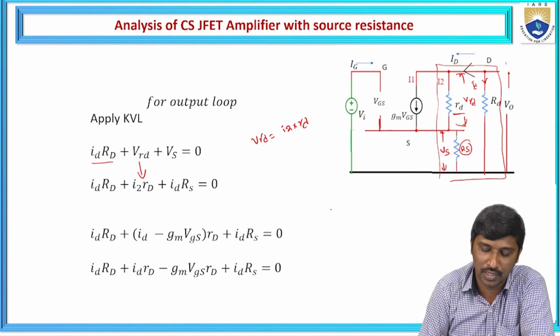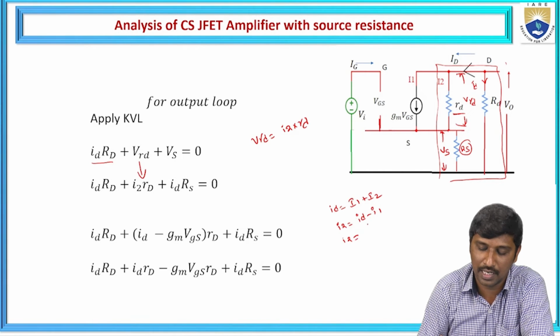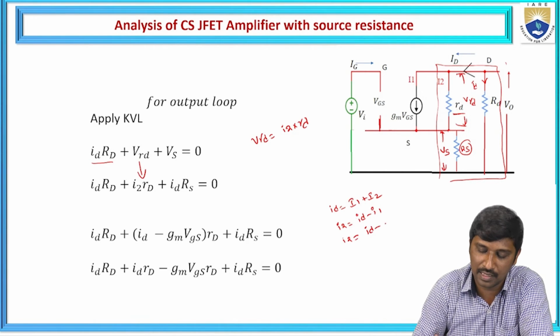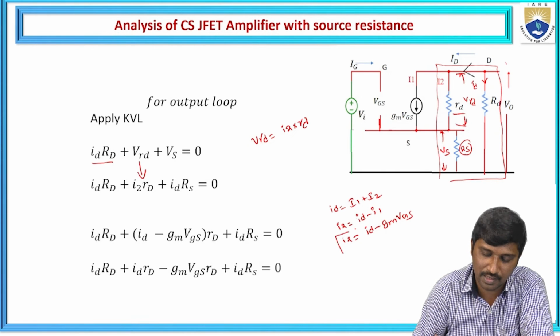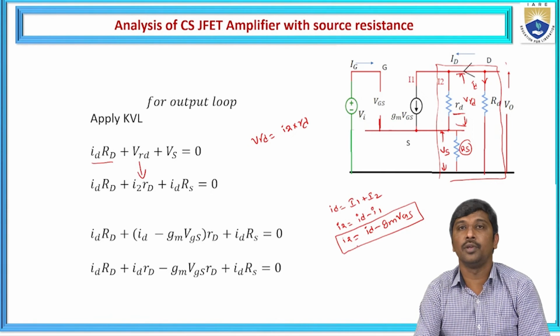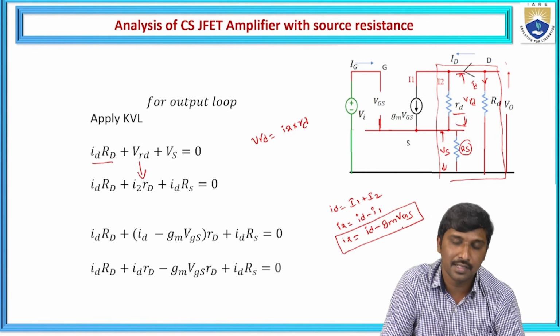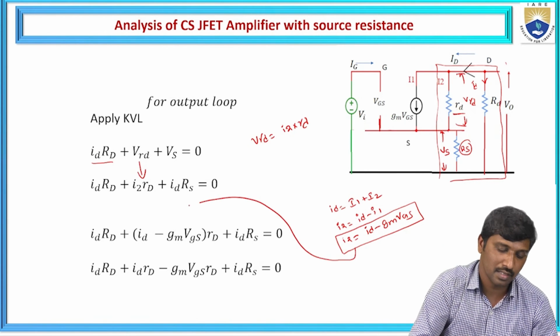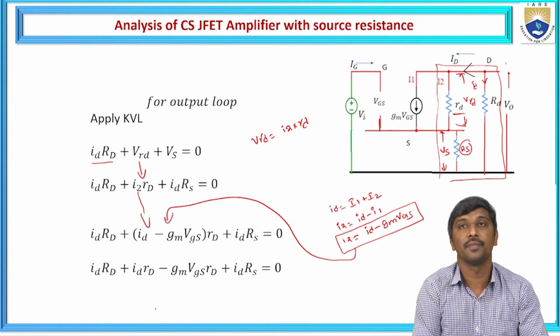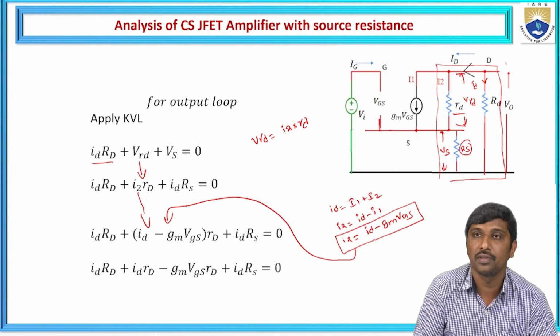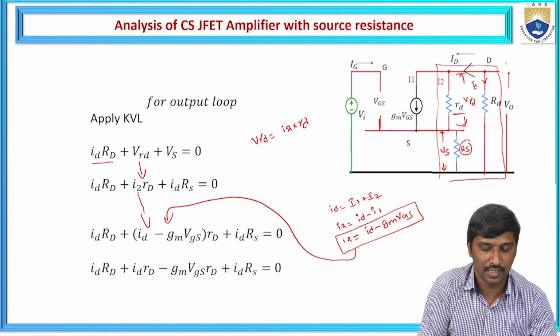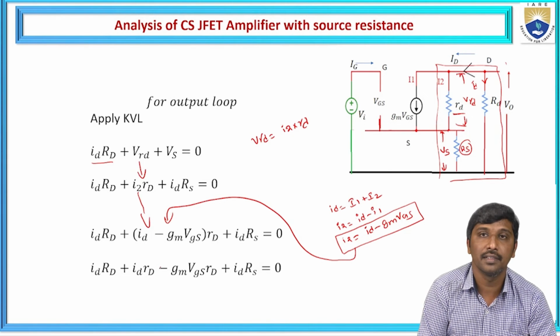Initially we observed that ID is I1 plus I2, so I2 is equal to ID minus I1, which is nothing but gm into VGS. Now I'm going to substitute this I2 value, ID minus gm into VGS, here. So the expression becomes ID minus gm into VGS, multiplied by small rd, plus ID into RS. Now you can simplify here.